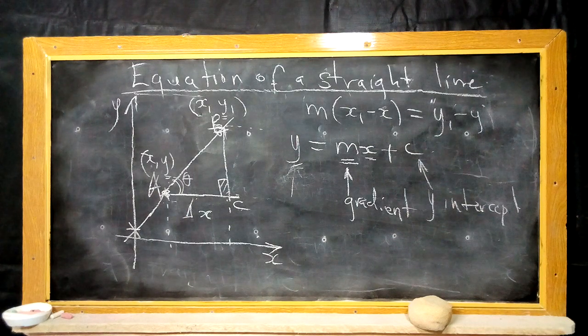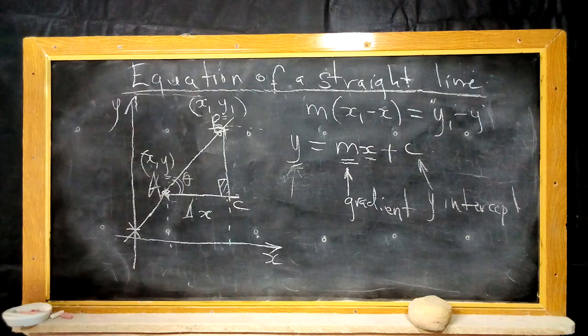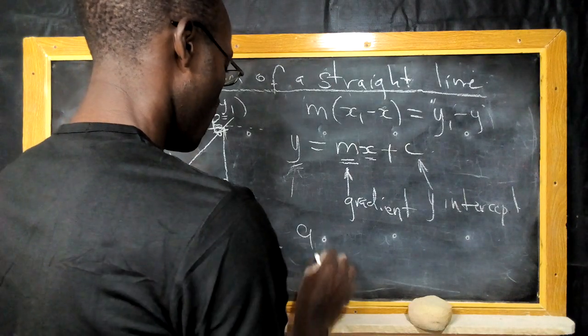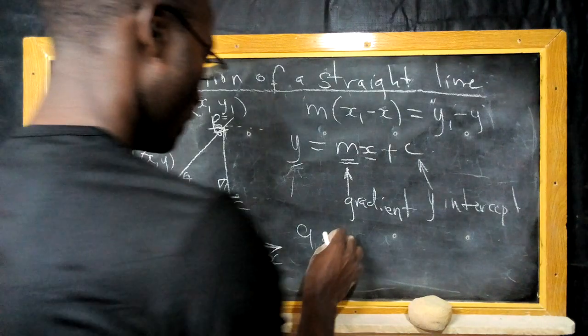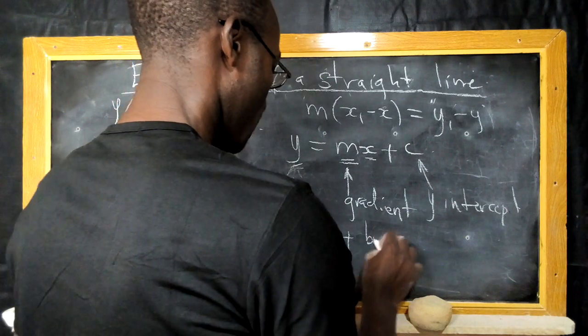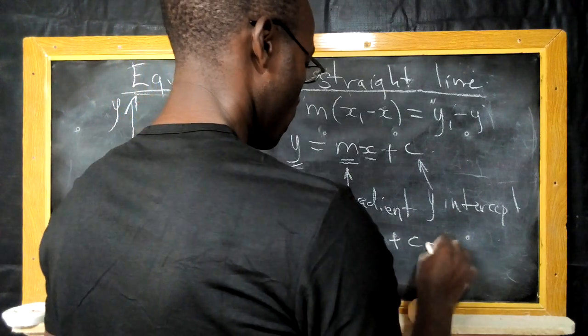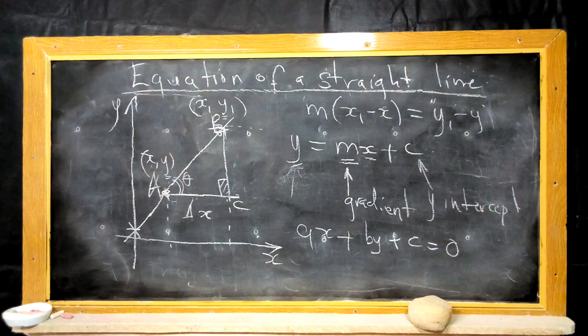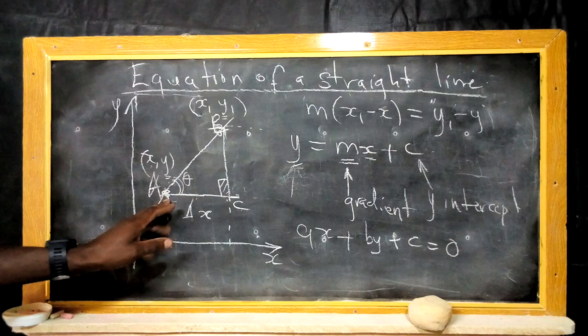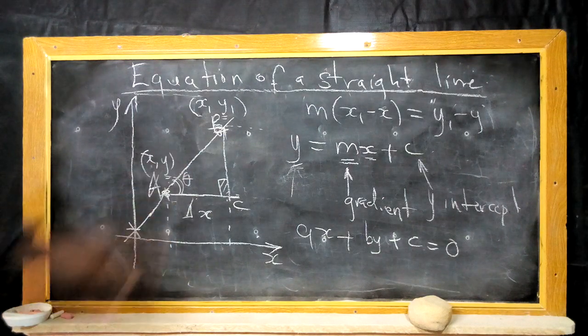Now this form of an equation as well can be written in the form ax plus by plus c is equals to 0. So there are some cases whereby, as we can see in one of the demonstrations that we have given, this line has got a slope.